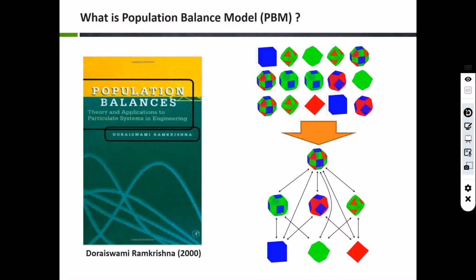And the population-based model is a model created by chemical engineers, especially by my advisor, Ramkrishna. And this is the only book on the population-based model, and he published it in 2000.